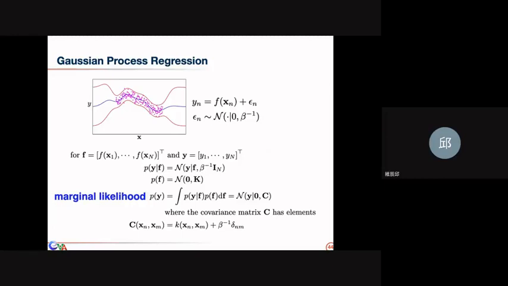P of y is still distributed according to a Gaussian, where the covariance matrix C has elements like this: the kernel between xn and xm, plus beta inverse times delta nm. The beta inverse comes from your white noise.